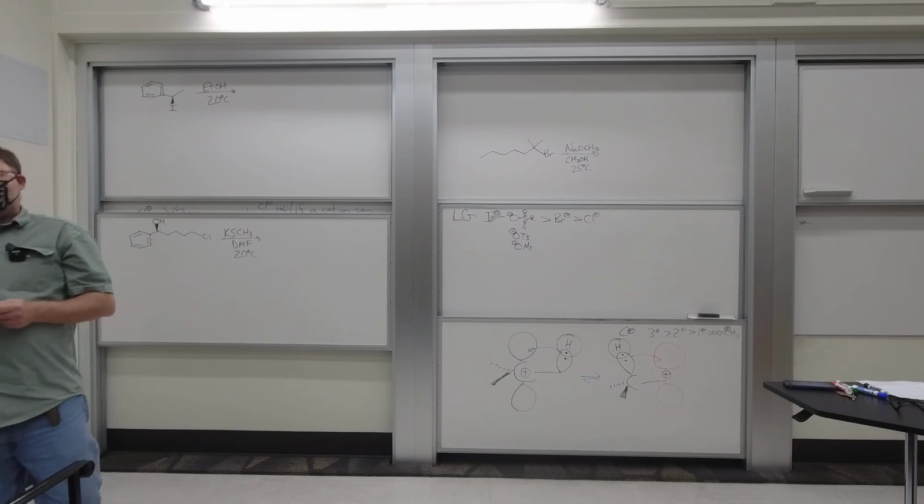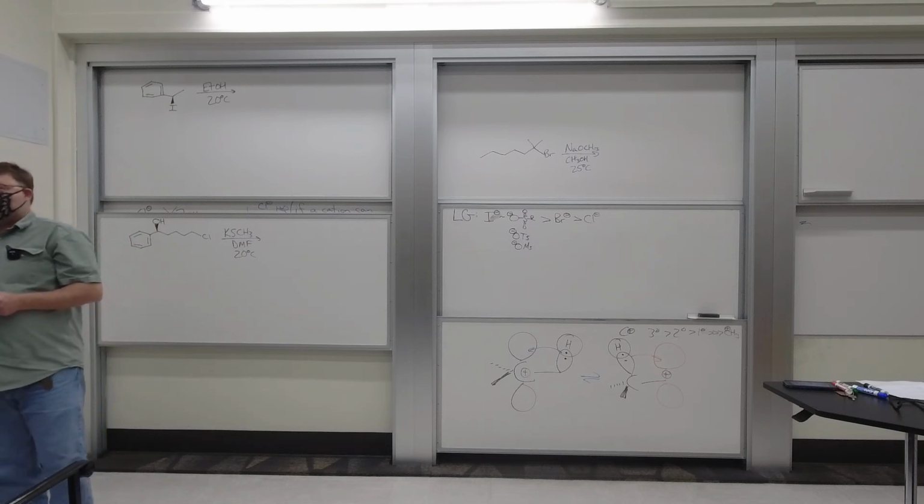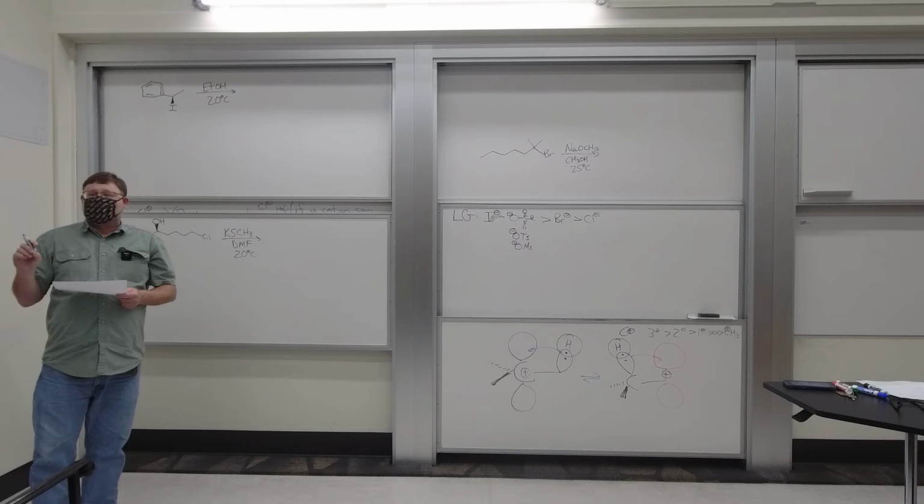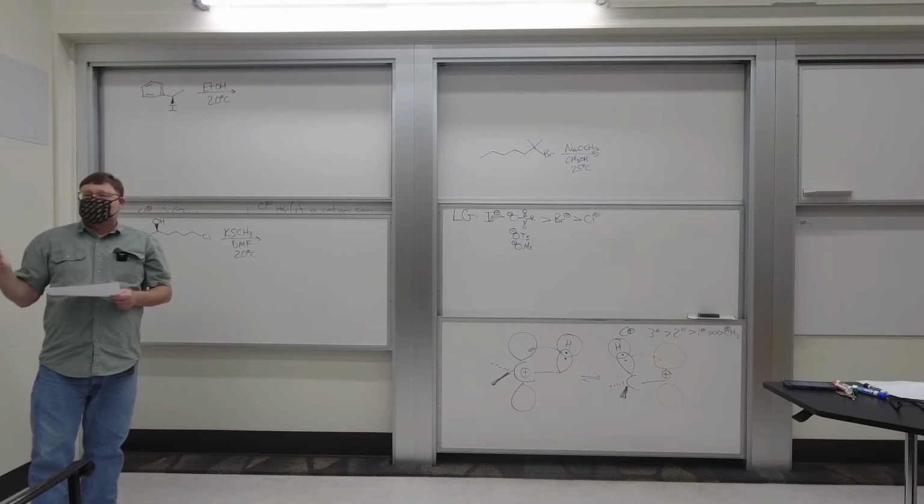Hopefully you can identify a strong base from our work in chapters 3 and 6 and on the last exam. The thing I would like you to come back to is hydroxide and ammonia.